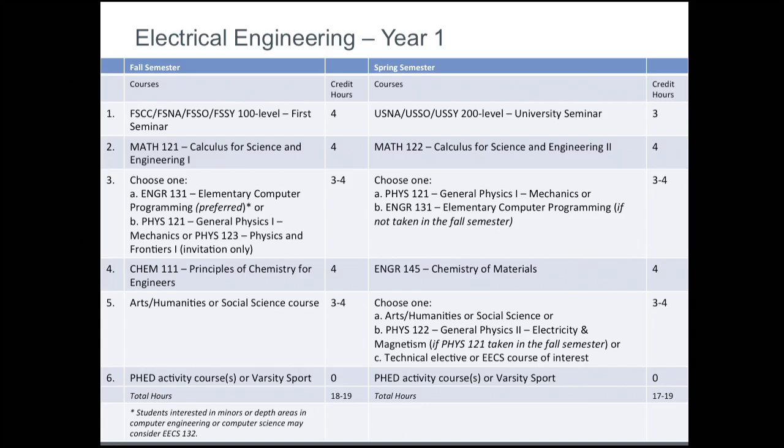What you see now in the next line is a slight bit more complicated. Typically, you will take Physics 121 and Engineering 131, this is as an electrical engineering major, in the freshman year. But it doesn't matter which semester you take it in, just so long as you take it in the freshman year. Chemistry 111, we've seen that in the civil engineering curriculum, then followed by the chemistry of materials in the second semester.